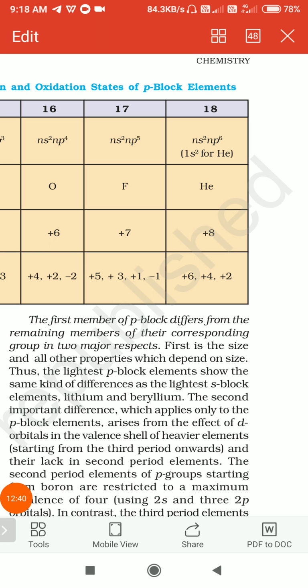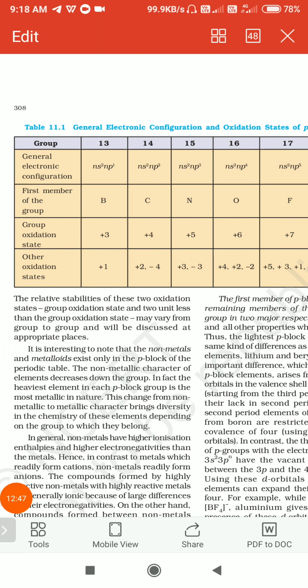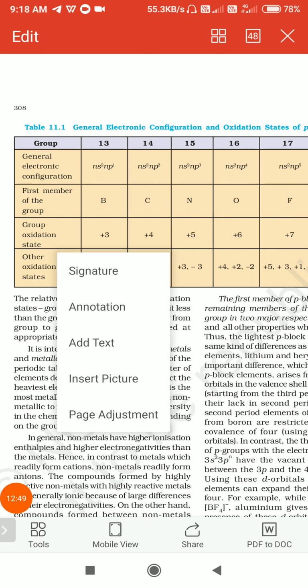Right. So these are the starting elements from the 13th group up to the 18th group. Next, what is the common oxidation state for these group elements?